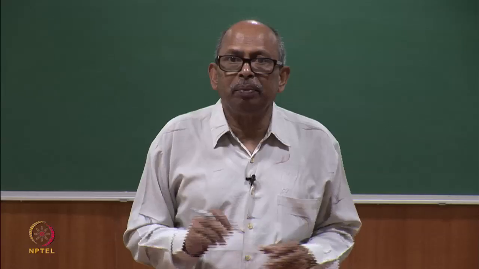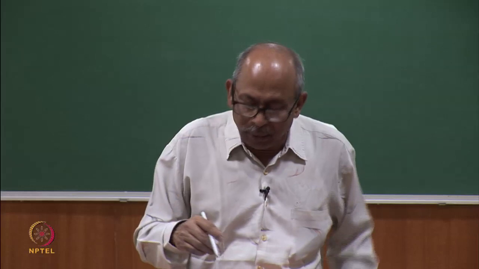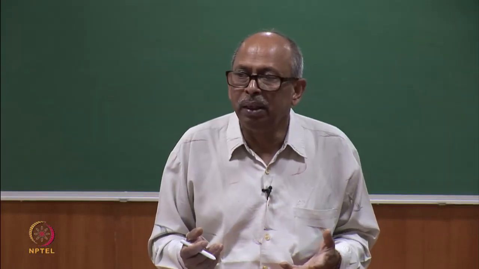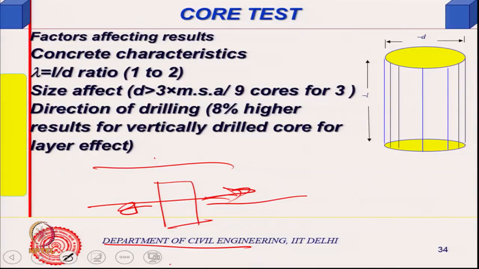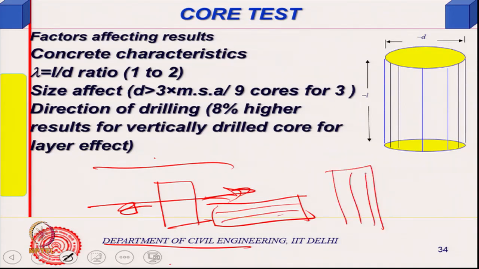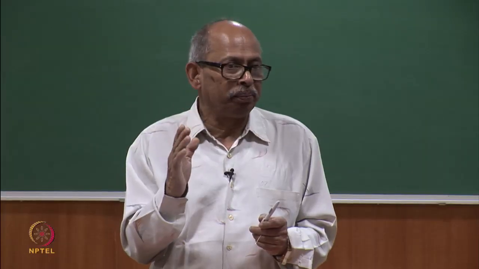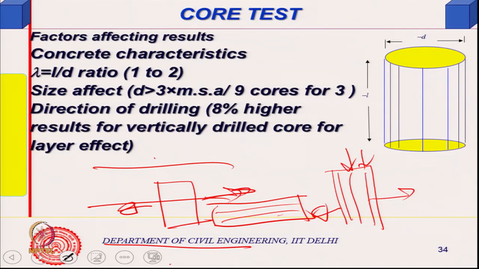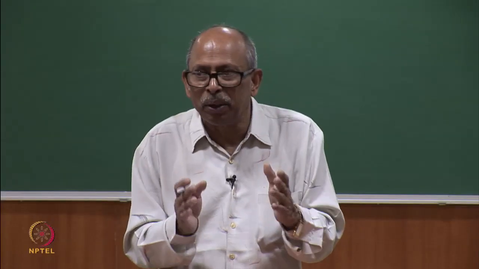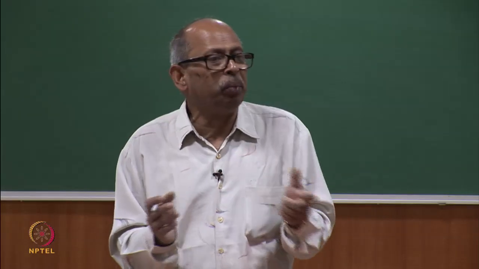Basically, you have a correction factor, and we will see that correction factor; the variation is around 8%. If you drill horizontally, the layers will be parallel to the direction of the load, so they will separate out, because failure is due to the transverse tension from Poisson's effect.